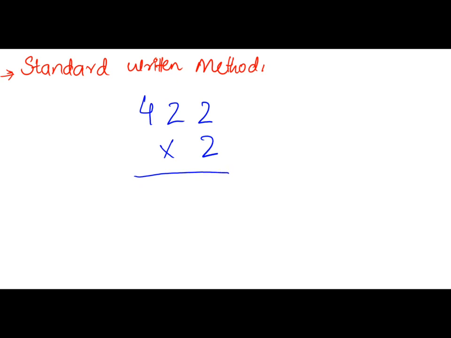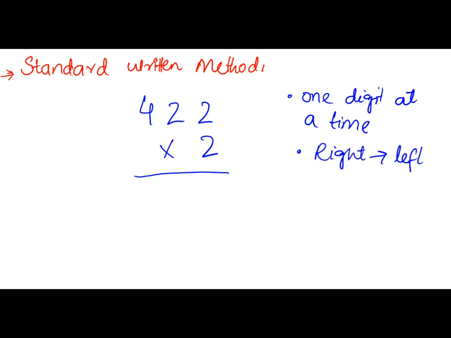Here I will multiply one digit at a time, and this multiplication has to be done from right to left. First, this 2 is going to multiply with the units: 2 times 2 is 4.